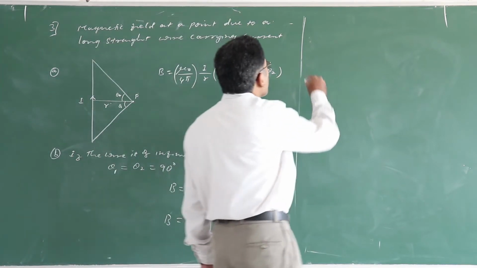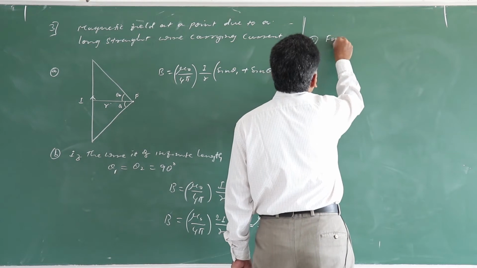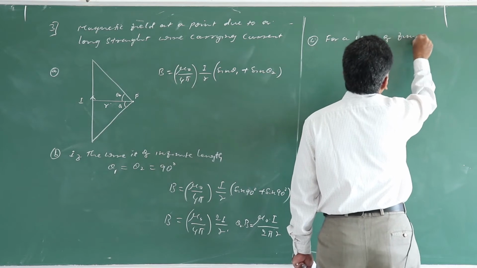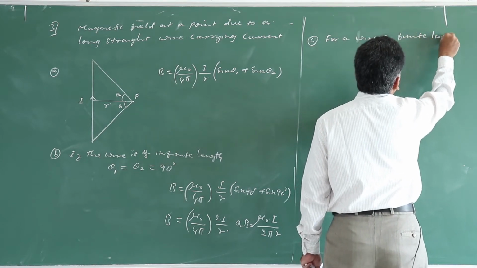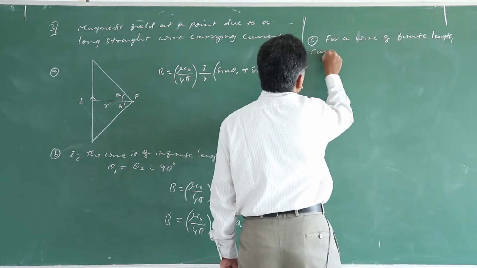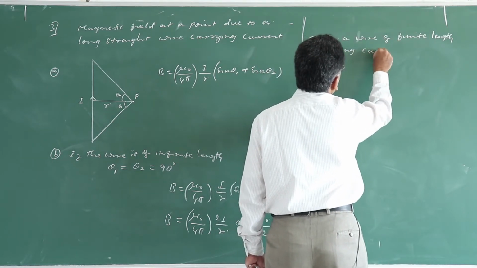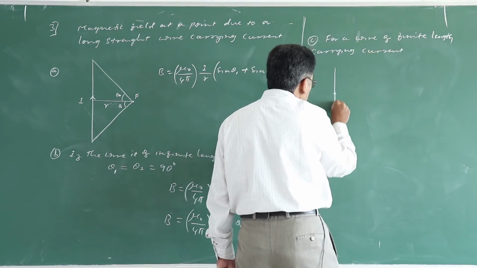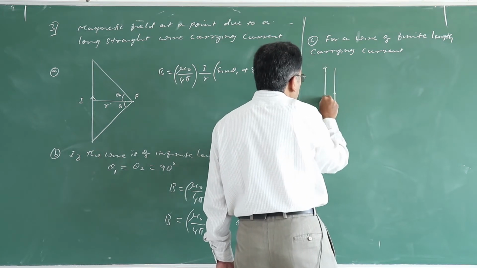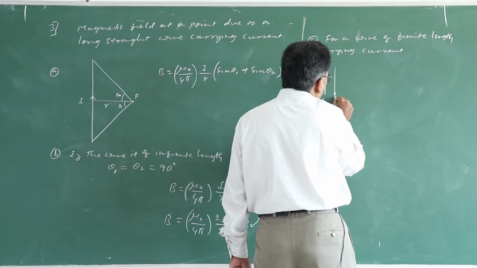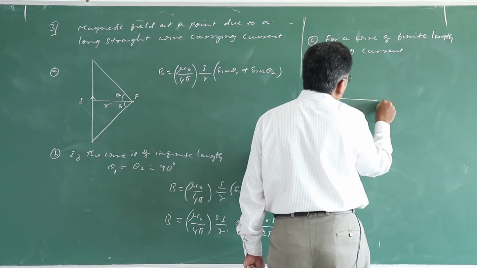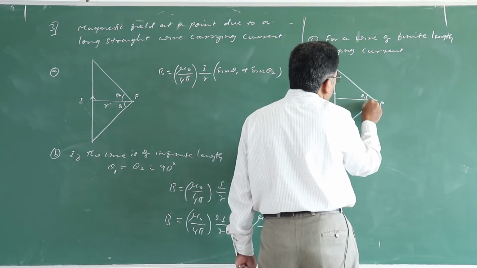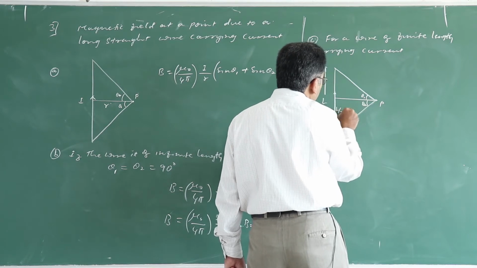Now let me consider a wire of finite length carrying current. I take the length of the conductor as L. Point P is here, with angles theta 1 and theta 2. Each half becomes L by 2.